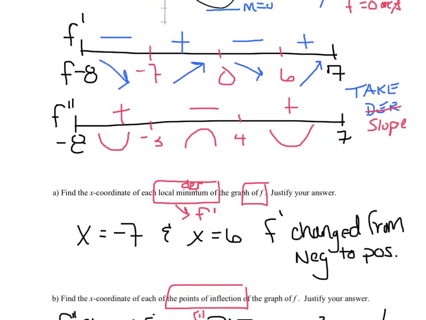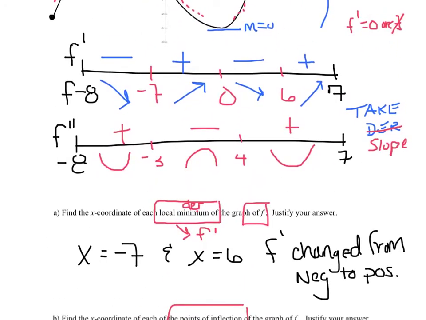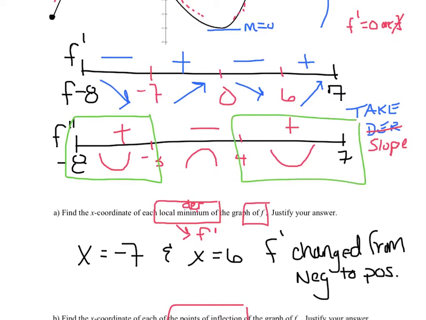So let's go back and look at our sign charts. I need a section where f double prime is positive. Okay, so I'm going to zone in on this section and this section. And at the same time, f prime has to be negative, which is this section and this section. So how can I describe them? What parts overlap? So I could say from -8 up until what number are they different? Who comes first, -7 or -3?